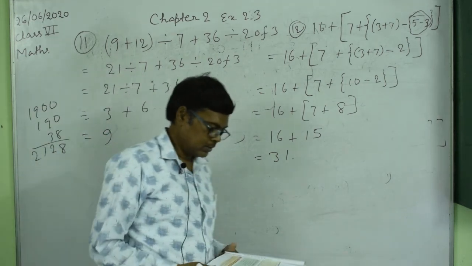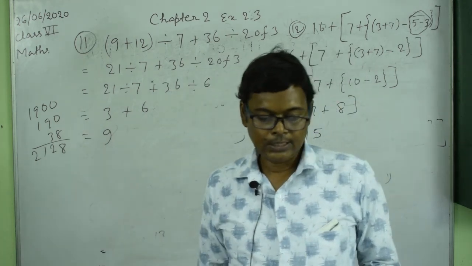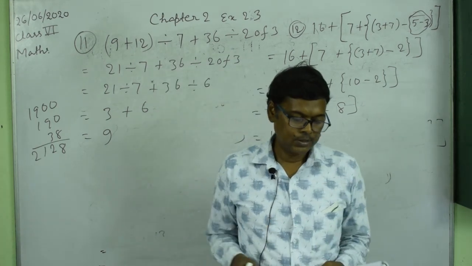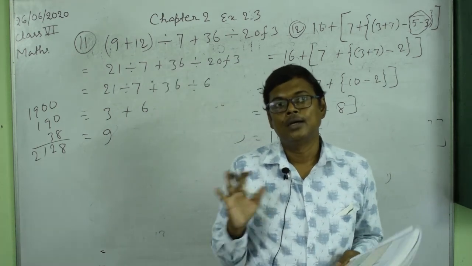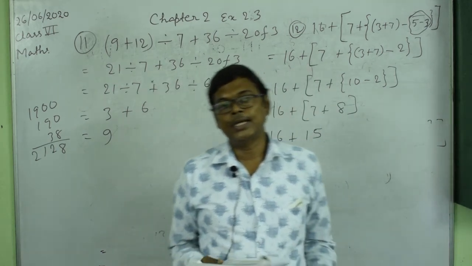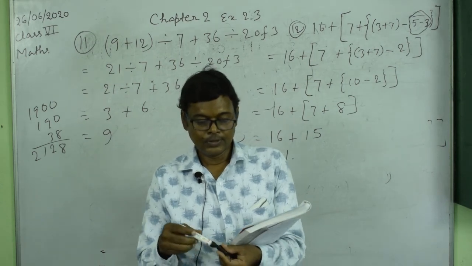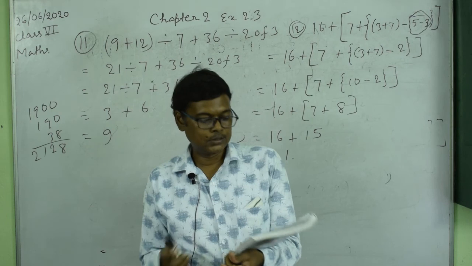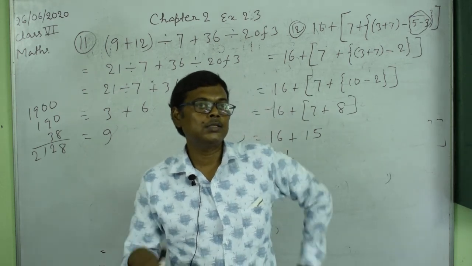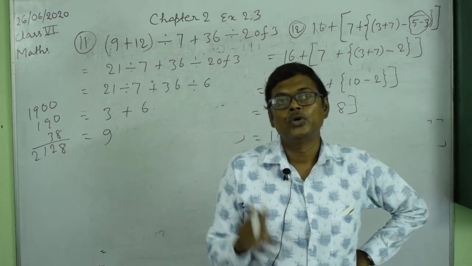So now this is the end of this chapter, okay. This is the last exercise of this chapter 2, and I did here many questions. So the questions which I have solved here, okay, you will practice all those questions. And next is that here I have left many questions in this exercise 2.2 and 2.3. So the questions which I have not solved, those questions are your homework, okay.